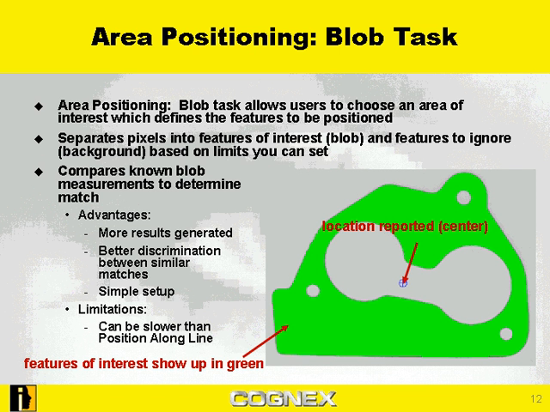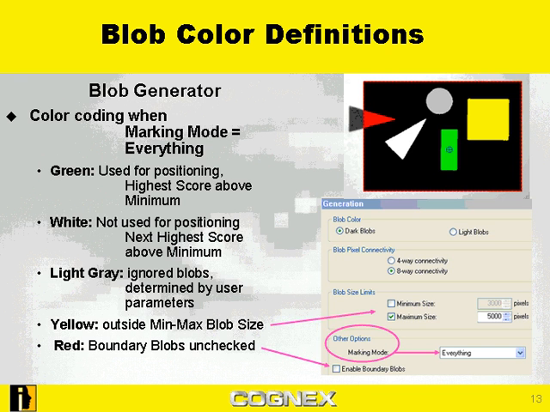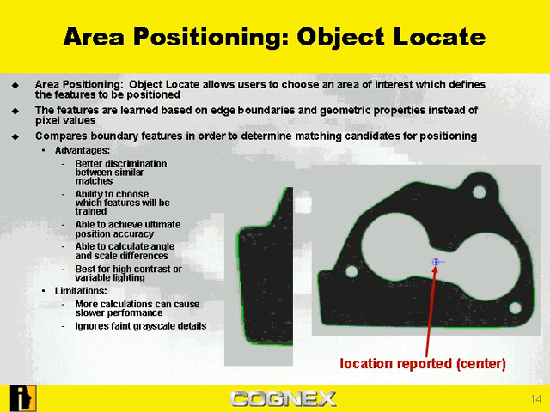It does give a center of mass, if you will, and then obviously it shows up in green as it says here. It is simple to set up, but it can be slower because it's processing so much information. I'm going to skip that slide.